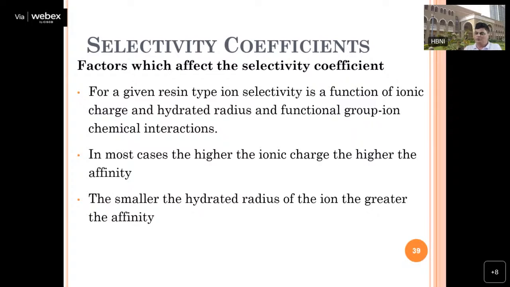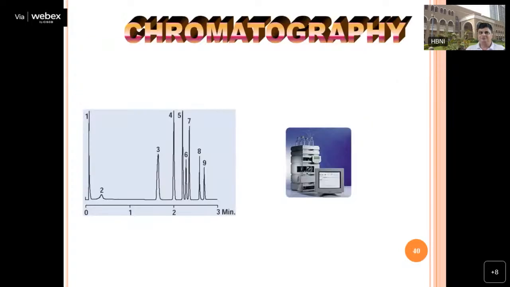Similarly, the smaller the hydrated radius of the ions, the greater the affinity. Basically, a higher ionic potential leads to better affinity. It can come from either a smaller hydrated radius or a higher ionic charge, which both bring better affinity.